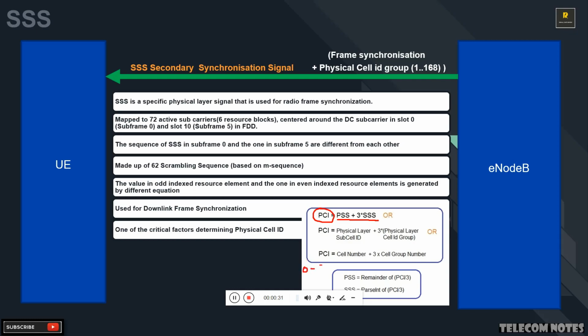That means total 504 PCIs we are having. And how will we get that particular 504 value? As we know, we are having 0 to 167 physical layer cell ID groups. If I put 167, the highest value, 3 multiplied by 167, I'll get 501.